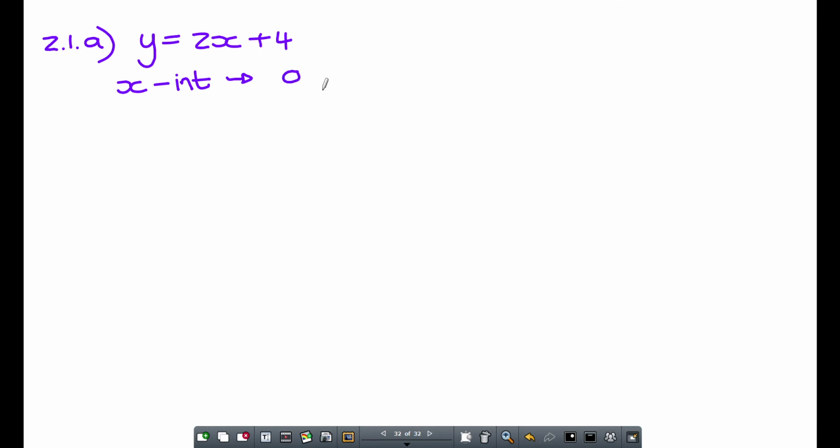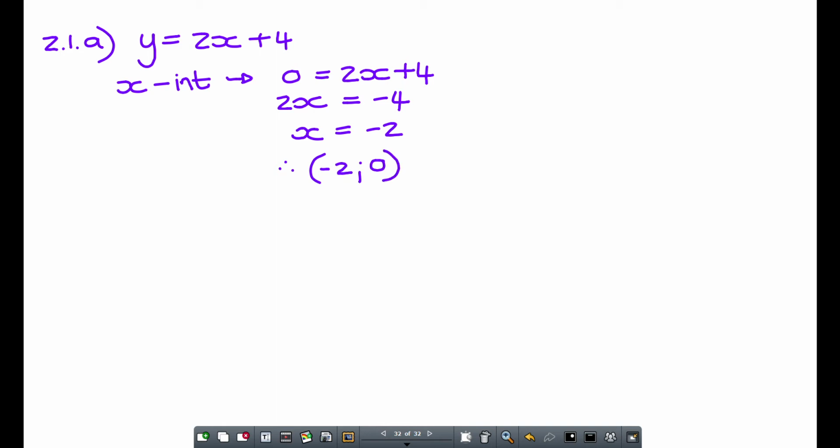So 0 is equal to 2x plus 4. Okay. 2x will then be equal to minus 4. So x is equal to minus 2. Okay. If I were to write that in coordinate form, x is minus 2 and y is 0.